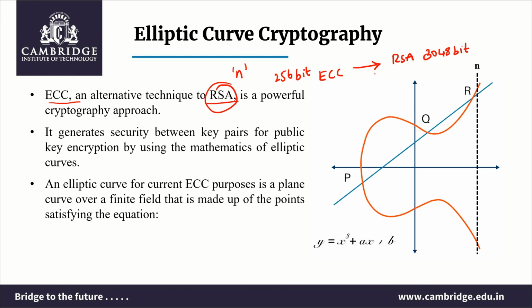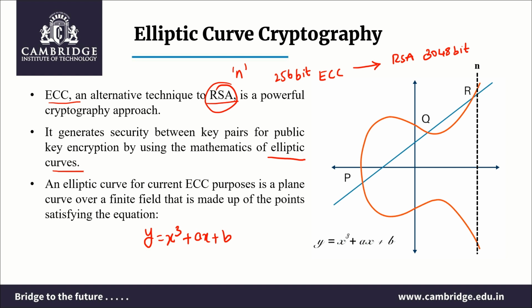Now here, the ECC approach primarily depends upon the mathematics of elliptic curves. When I say elliptic curve, you can observe here we have taken one elliptic curve which satisfies the equation y squared equals x cubed plus ax plus b. Don't worry about how this curve is drawn, but let us try to understand its characteristics.